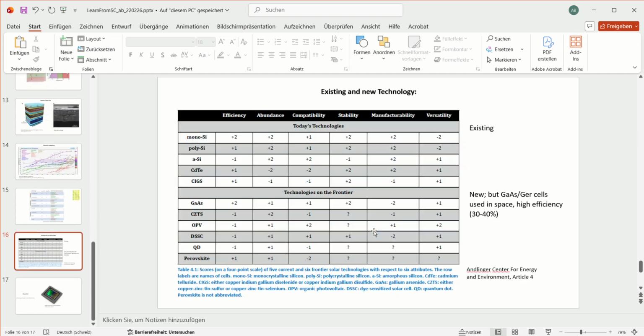And this is another summary of all the different types. And here you can see, for example, gallium arsenide. They're very efficient because they also can use infrared, and the materials are still reasonably abundant. They're also stable. The only drawback is they're very expensive to produce.